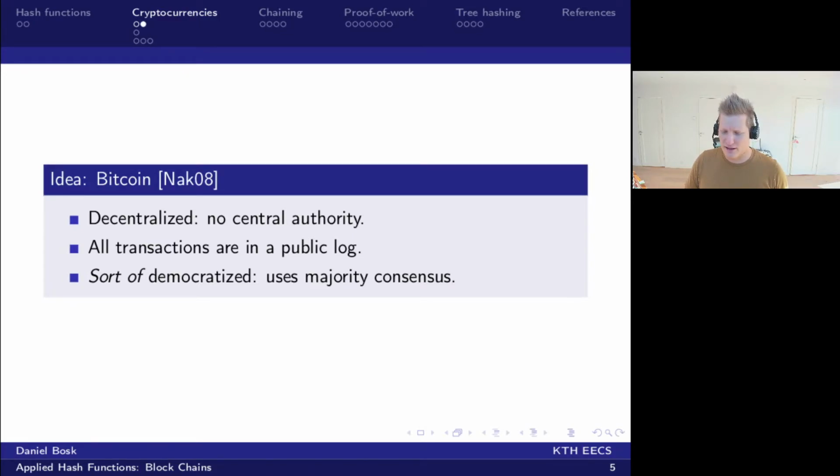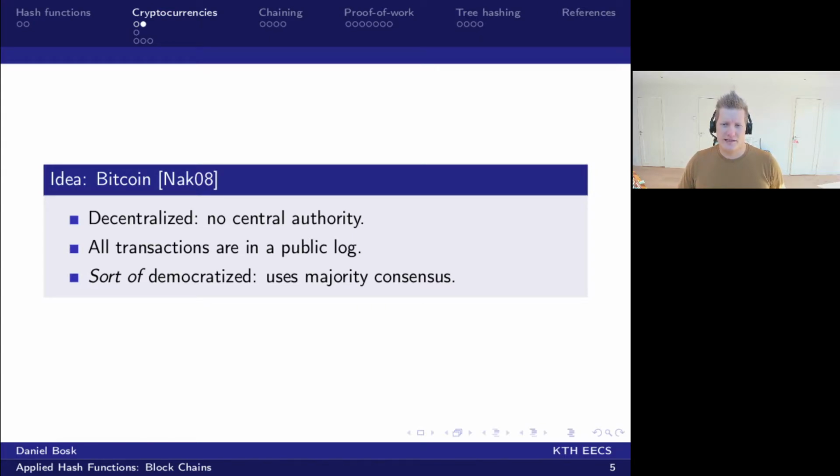There were some other cryptocurrencies before, which were digital cash, but they are not the same as cryptocurrencies as in Bitcoin and Ethereum and others. So the idea of Nakamoto's Bitcoin was that it's supposed to be decentralized, so we have no central authority, like a federal bank, for instance, in the normal monetary systems.